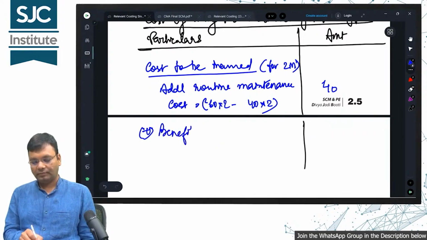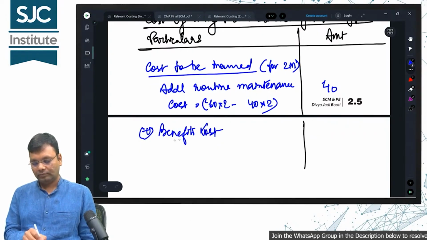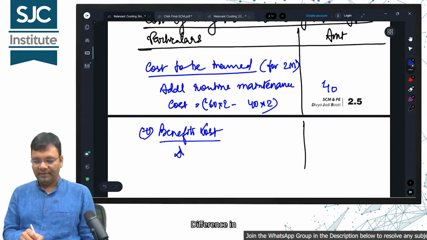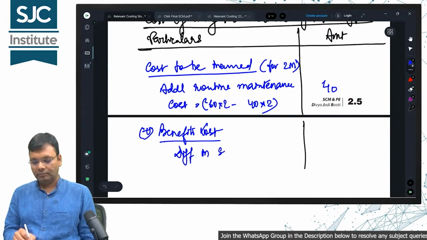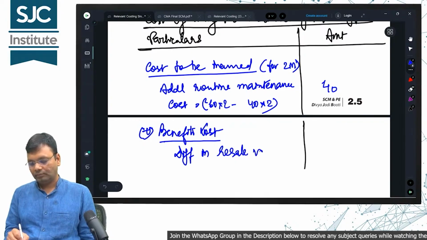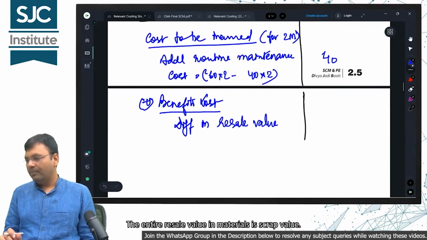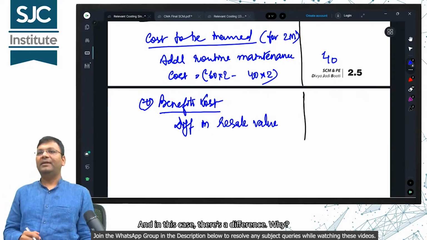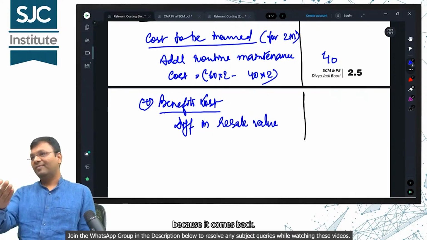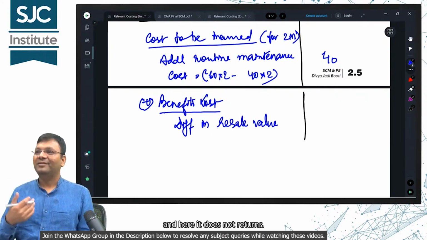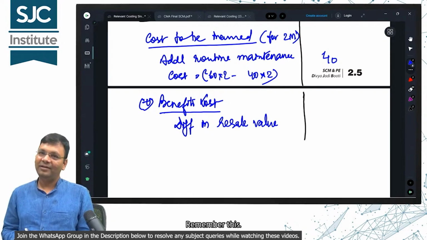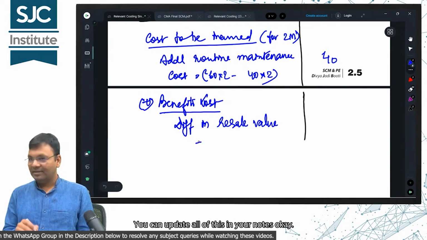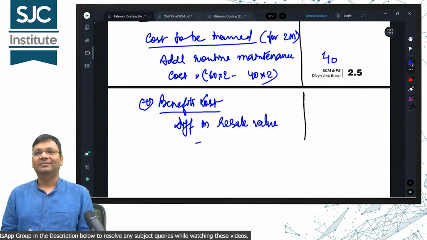Benefits lost, difference in scrap value or resale value. The entire resale value in materials is scrap value. And in this case, there's a difference. Why? Because it comes back, and here it does not return. Remember this. You can update all of this in your notes, okay?